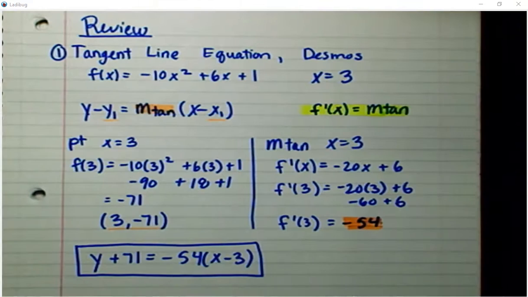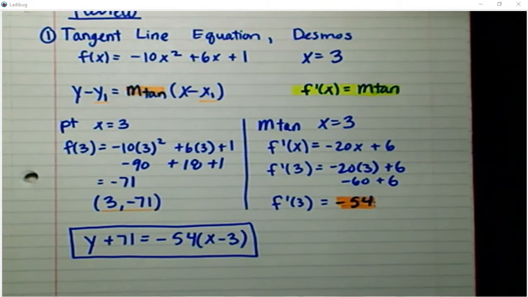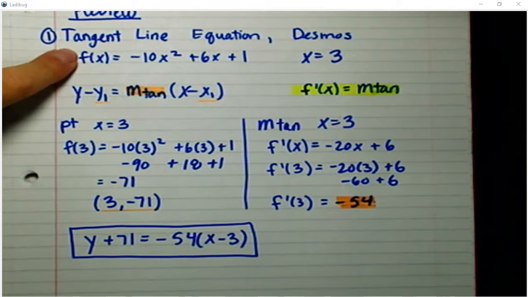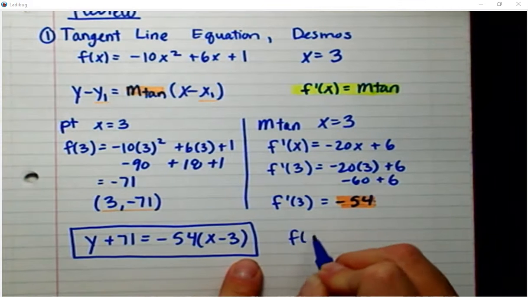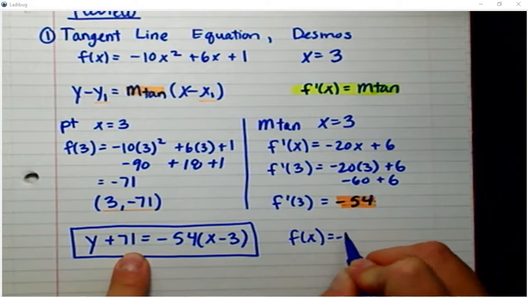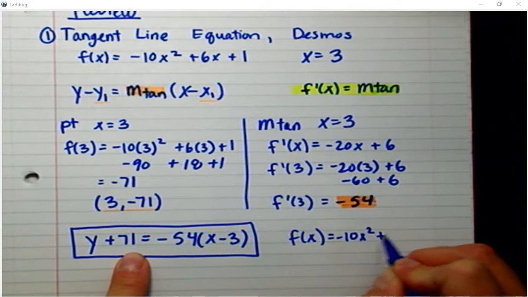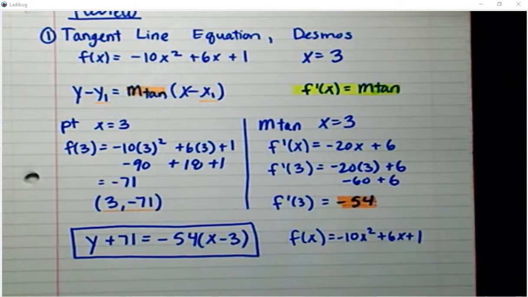I also want to show you what it looks like in Desmos. I'm going to graph the original and the tangent line, and see if it looks good. I know what a tangent line looks like. Now I'm going to see if I actually have it.